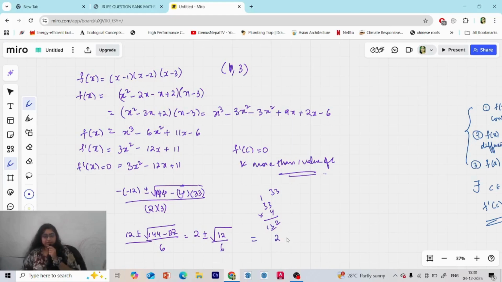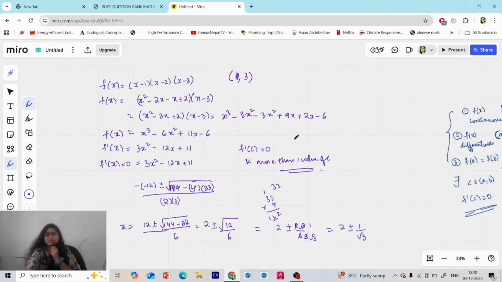What does this become? We can take out a 2 outside, 2 root 3 by 6, which is nothing but 1 by root 3. So we have two values of x, 2 plus or minus 1 by root 3.